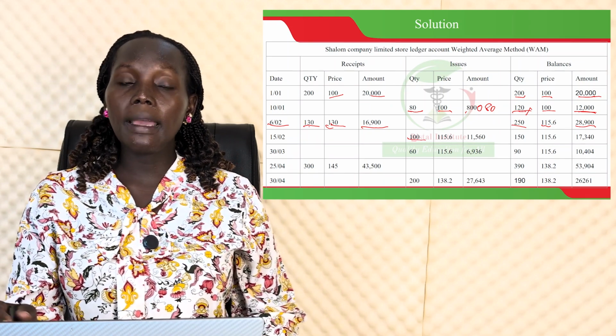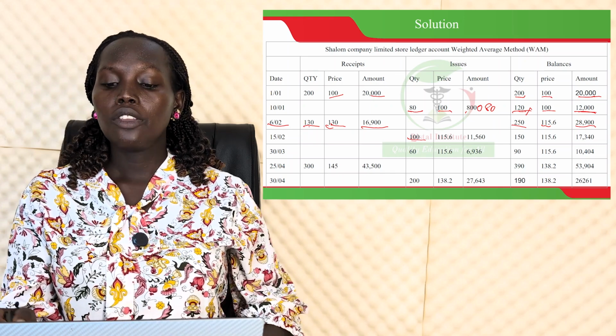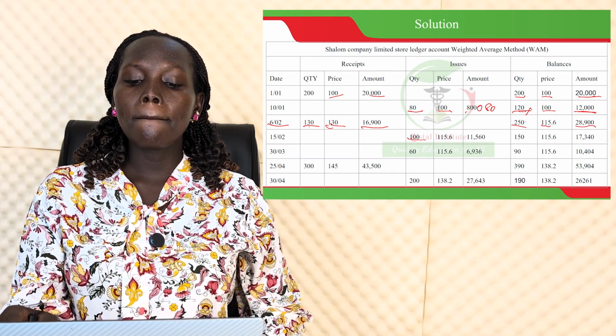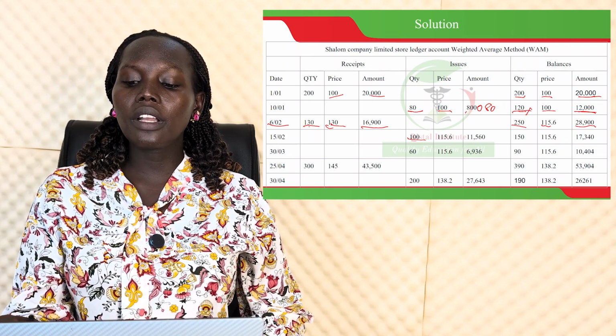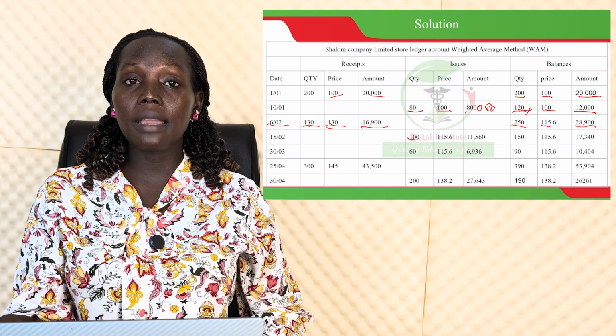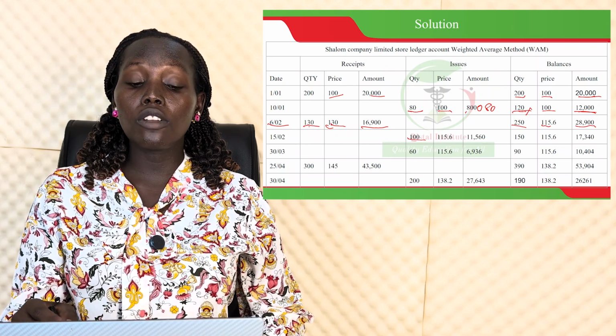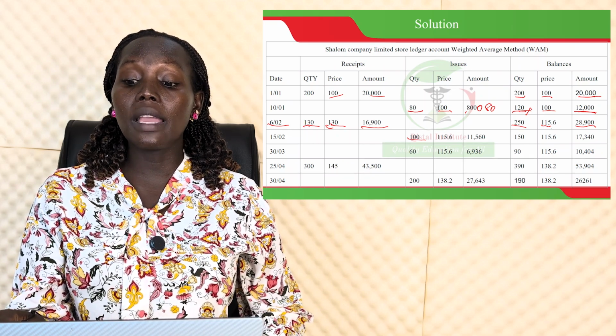So to get the balance, we subtract. You get 250 minus the 100 to get 150. And then the ruling price remains the same since we do not have a new purchase, so we go with the same.